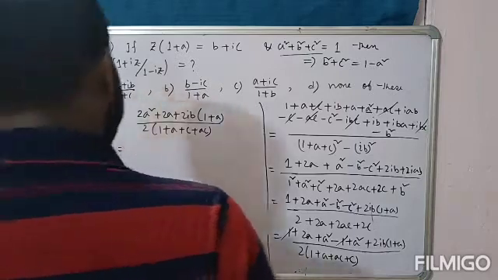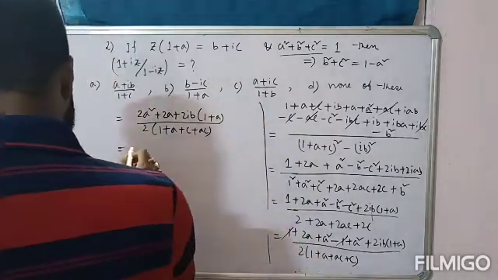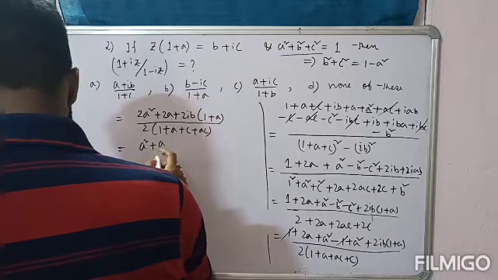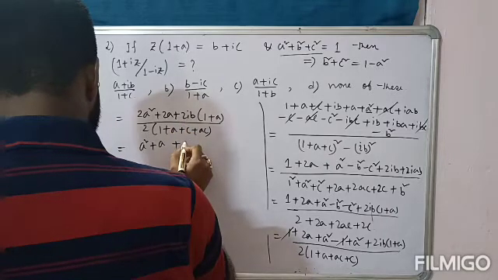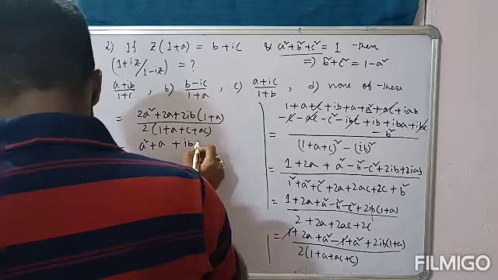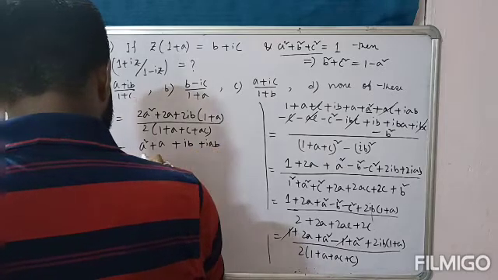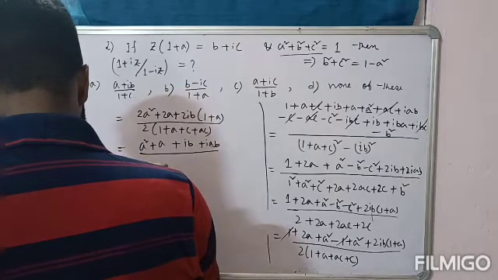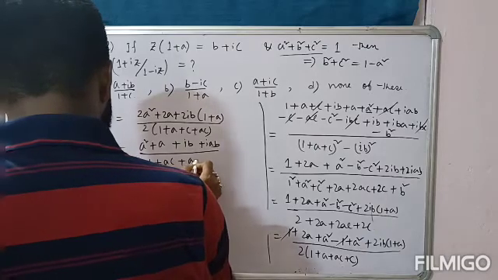So from the numerator also, if we take 2 common, then see what will happen. a square plus a plus ib plus iab divided by, what about the denominator? Denominator will remain the same, that is 1 plus ac plus a plus c.